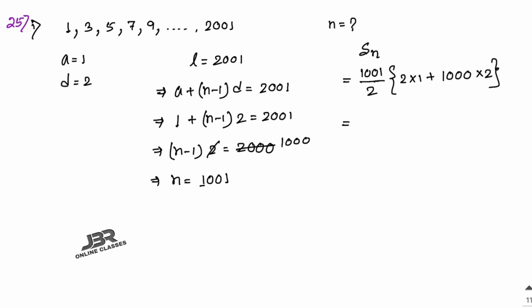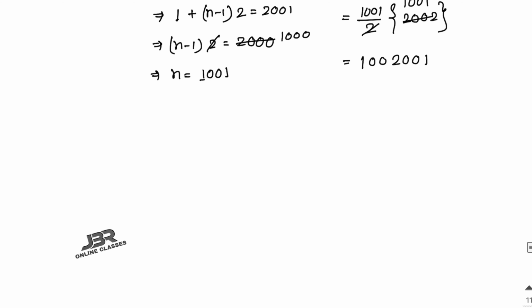So now next, first 1001 by 2, here 2 plus 2000, so you can directly write 2002. 2 cancels out with this one, it's 1001. So that means 1001 into 1001, and here your answer is 1002001. Okay, 1002001.